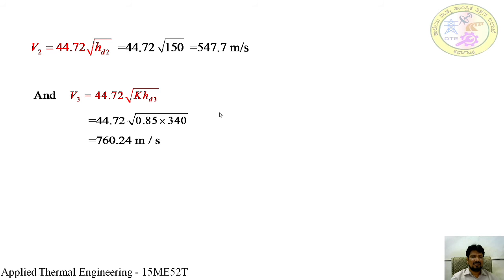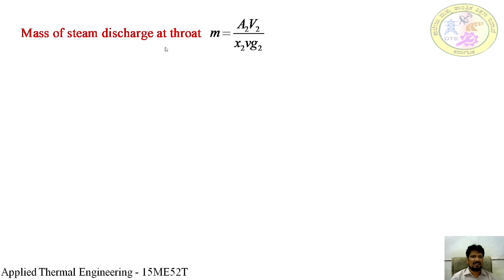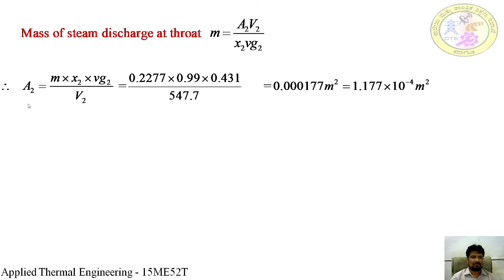Once you know the velocity at the throat and the velocity at the exit, now find the A2 and A3 values. This is the formula for steam discharge, which is equivalent at both conditions. The mass of steam discharge at the throat, we know the formula M is equal to A2 V2 divided by X2 into Vg2.